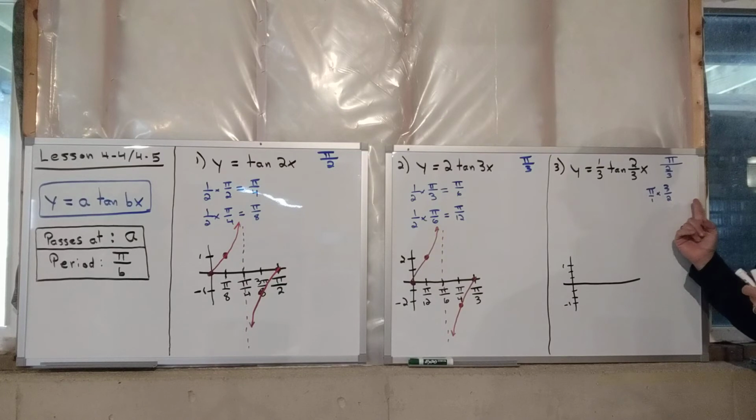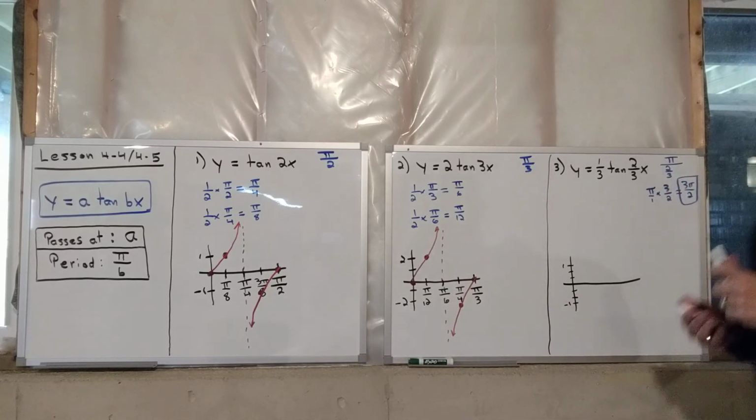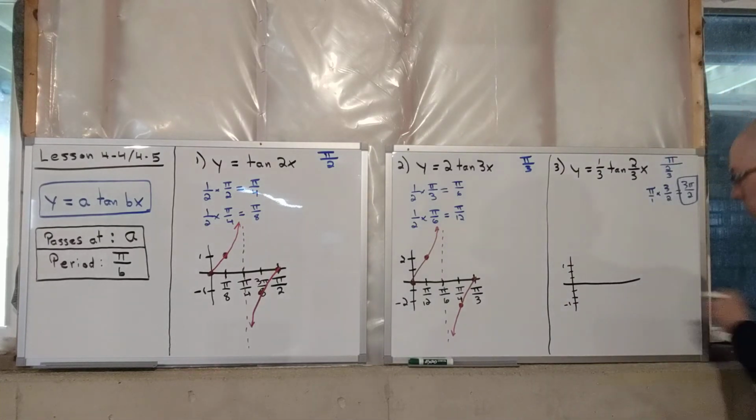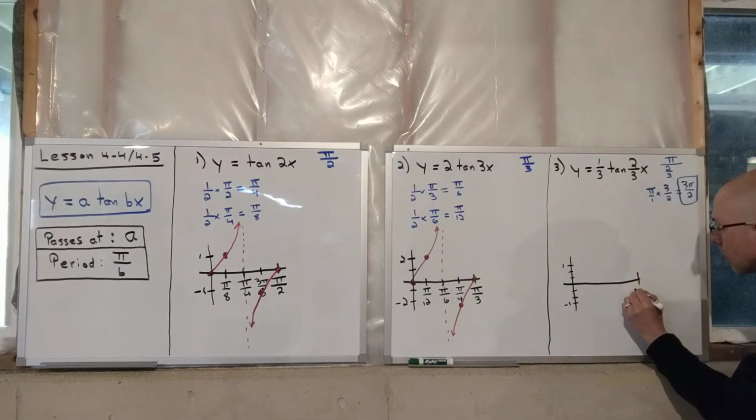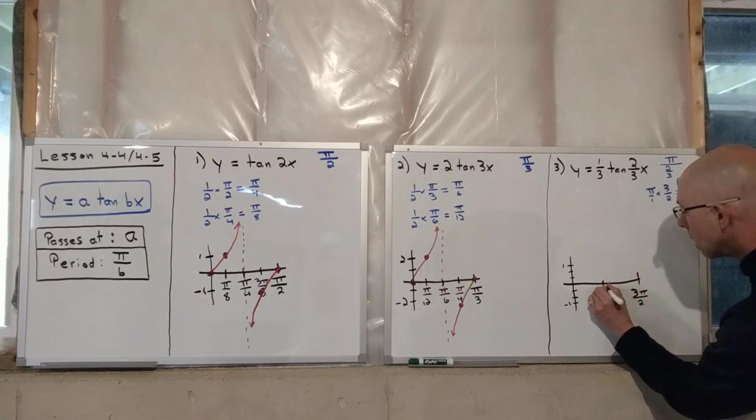That's 3 pi over 2. That is our period for this particular graph. So down at the end of this graph, I'll put 3 pi over 2, and I'll begin my process.